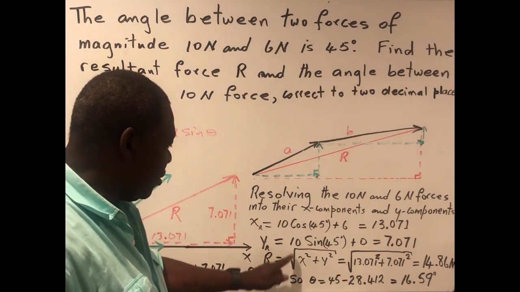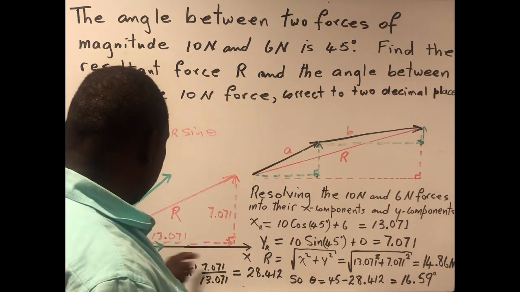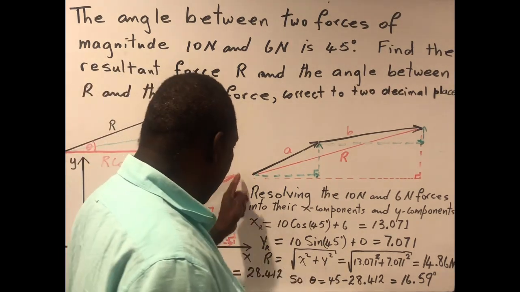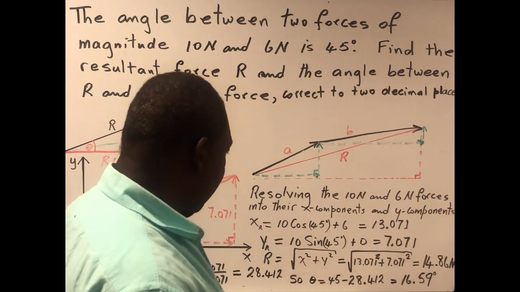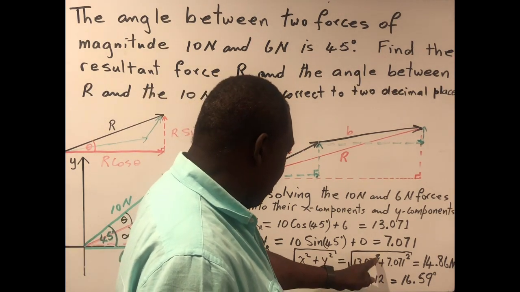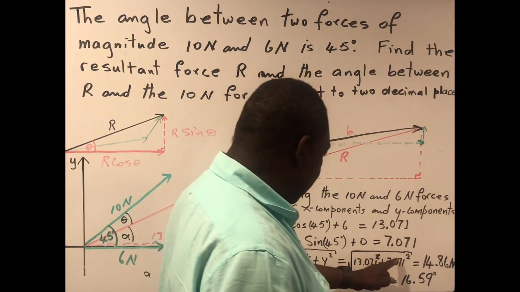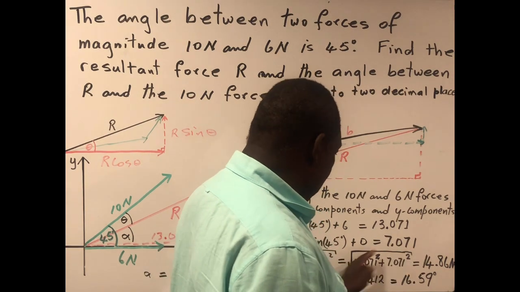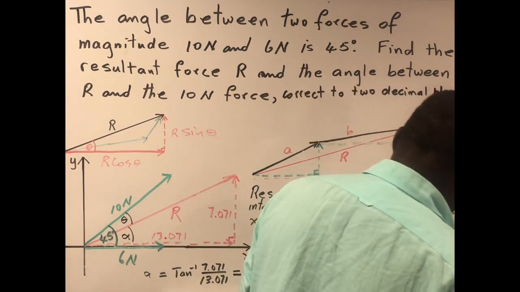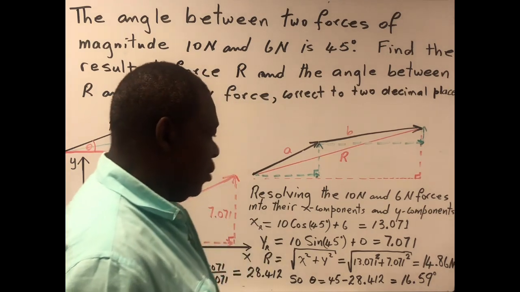So r will be equal to the square root of the x component squared plus the y component squared, to give us 13.071 squared plus 7.071 squared. And the square root of that comes out to be 14.86 Newton.